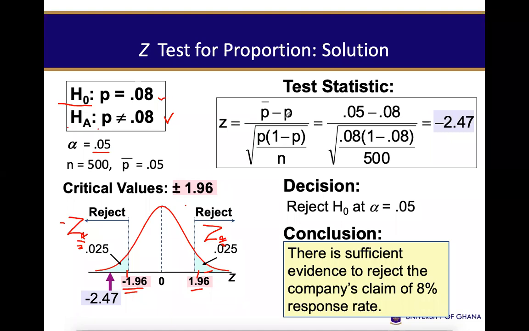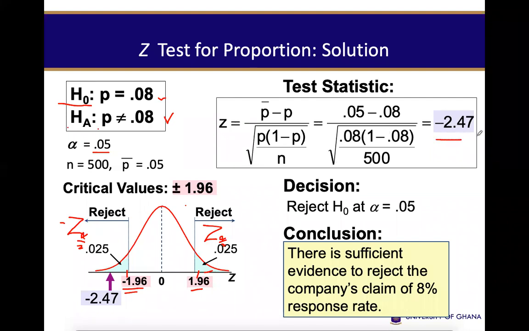Okay, so when we calculate the test statistic for this question, remember that I said it was p-hat minus p, divided by the square root of p into 1 minus p over n. The correction has been done here, so just take note of that. Then it's going to be 0.05 minus 0.08, the hypothesized value, divided by the square root of 0.08 into 1 minus 0.08 over 500.